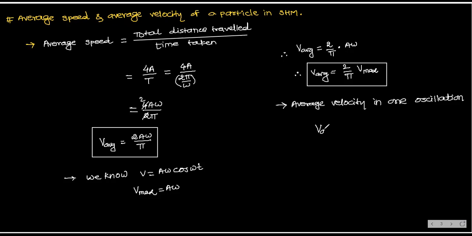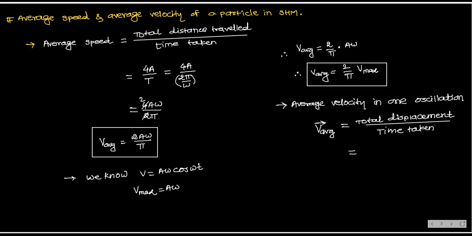So therefore, here average velocity means V bar, I am keeping now, vector. So here you are getting total displacement divided by total time. Now total displacement is equal to how much here? Total displacement should be 0. Why? Because it is coming back to its original position, from where we have left.